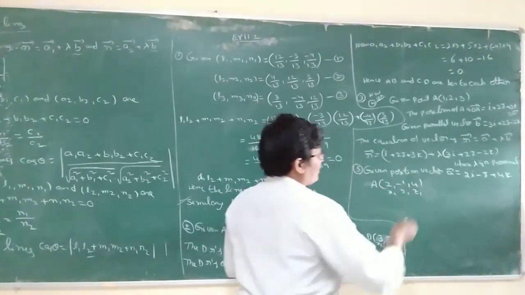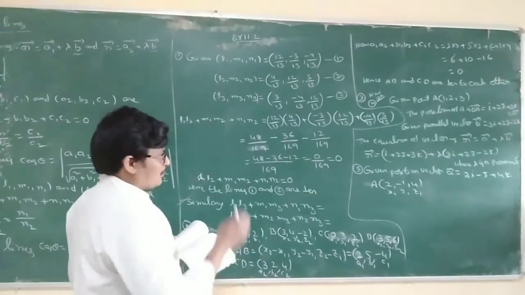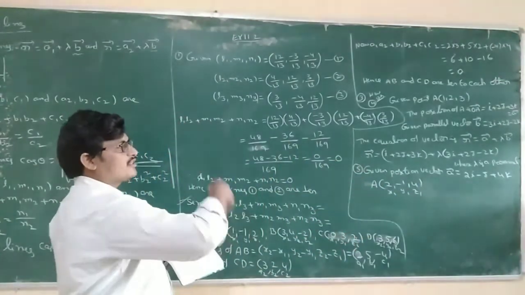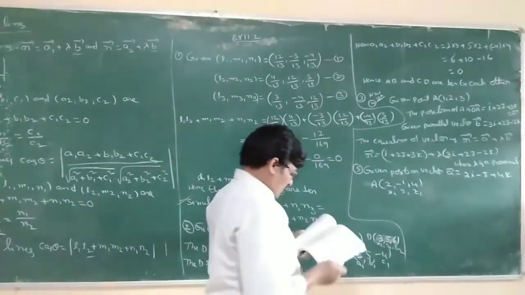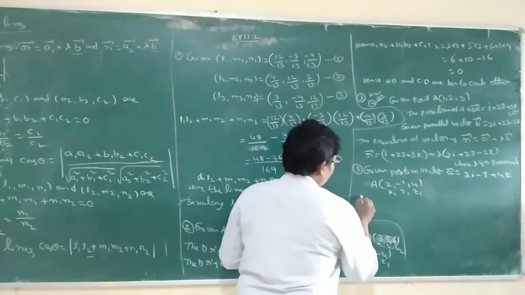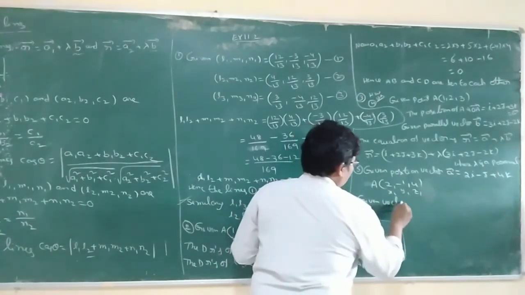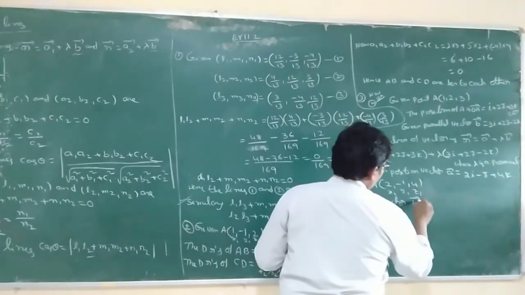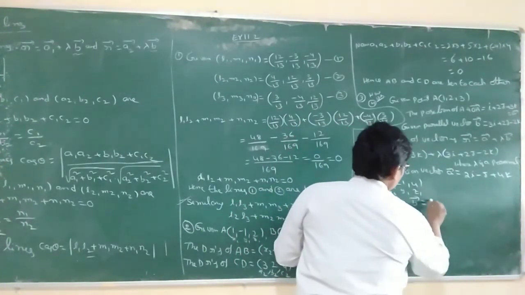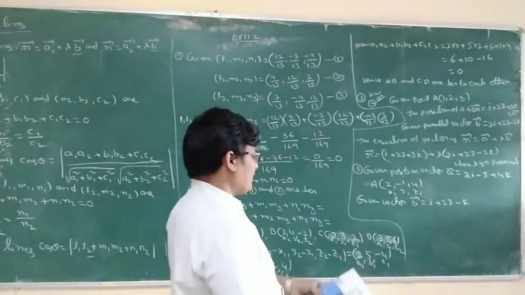The position vector is converted into a point, and a point is converted into a position vector. And in the direction of b bar, the given vector b bar is equal to i plus 2j minus k.